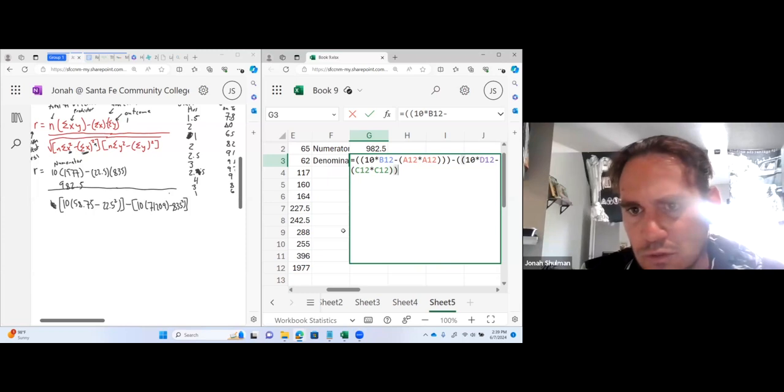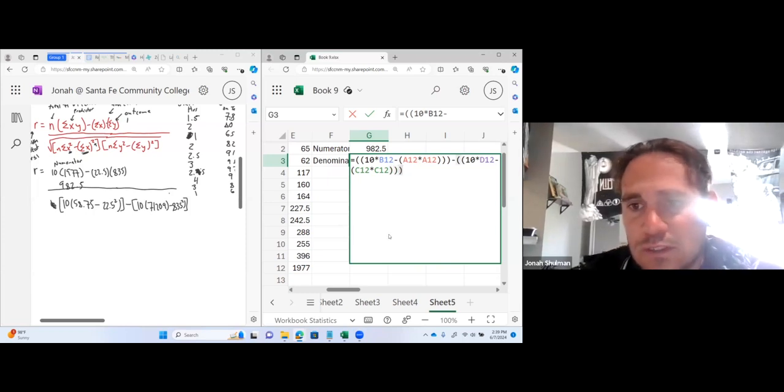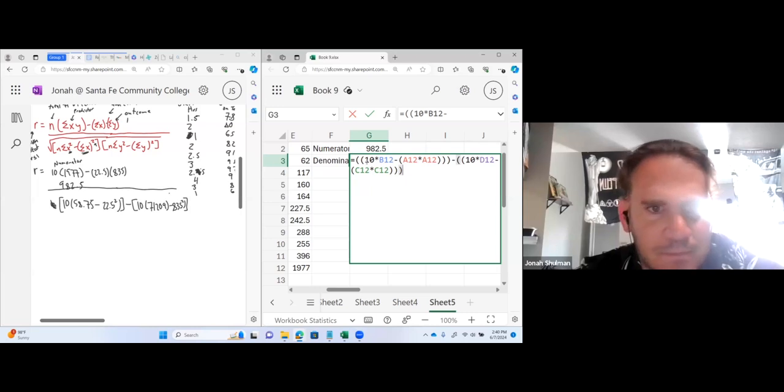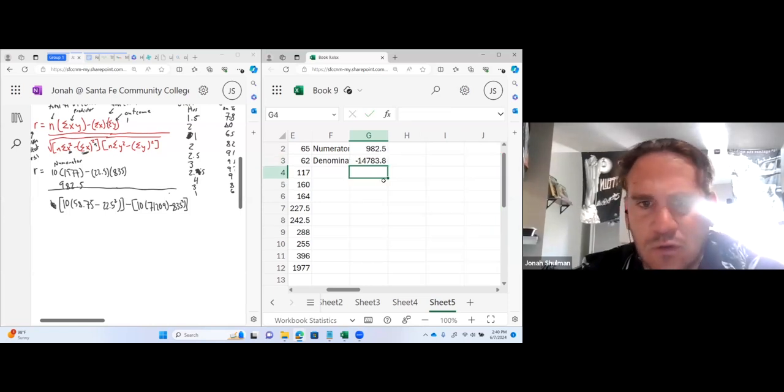So close. So that's the whole denominator. I know, exciting stuff. 10 times the sigma of x squared minus sigma of x times sigma of x, then 10 times the sigma of y squared minus the sigma of y times the sigma of y.